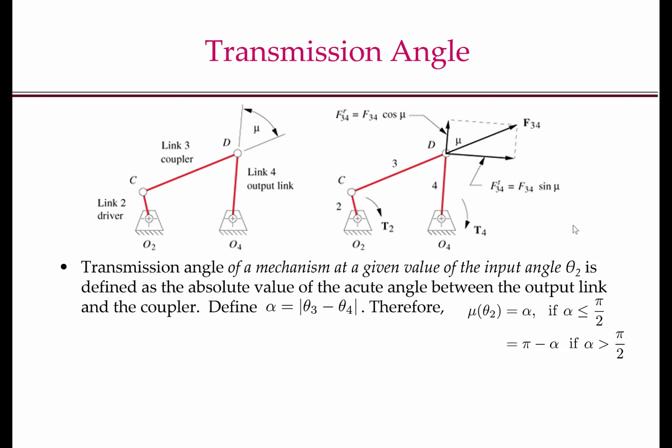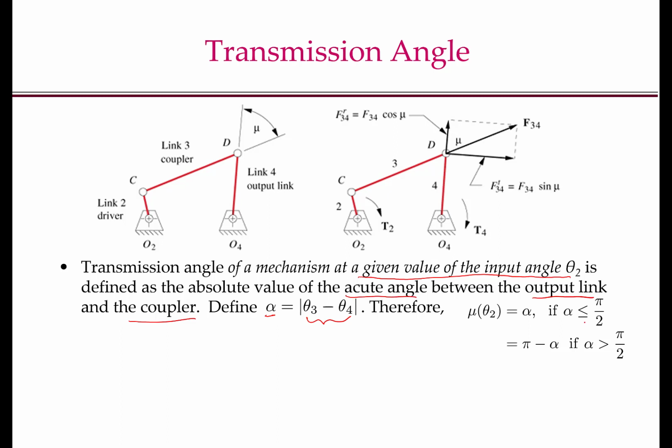The transmission angle of a mechanism at a given value of the input angle θ2 is defined as the absolute value of the acute angle between the output link and the coupler. More mathematically, alpha at a given angle θ2 is the absolute value of the difference between θ3 and θ4.